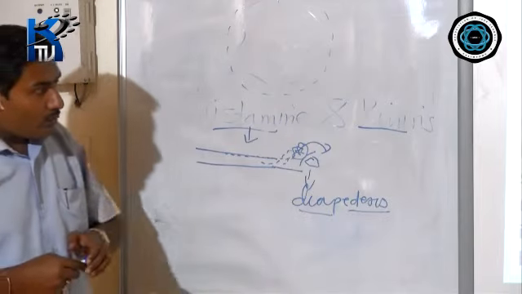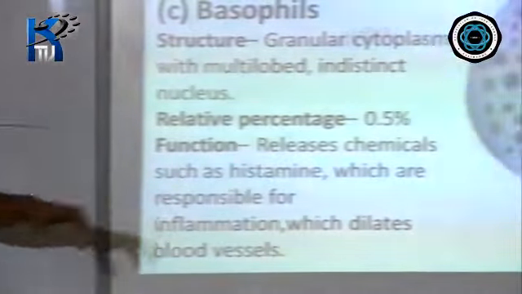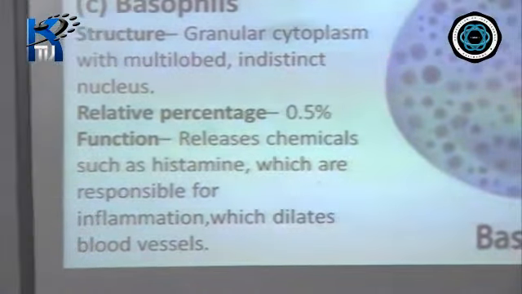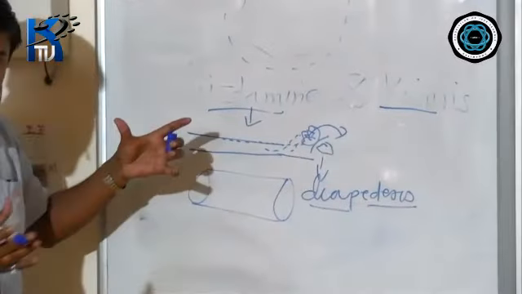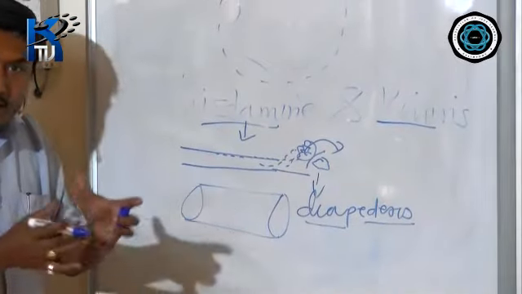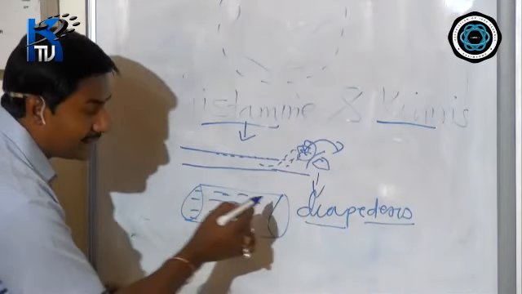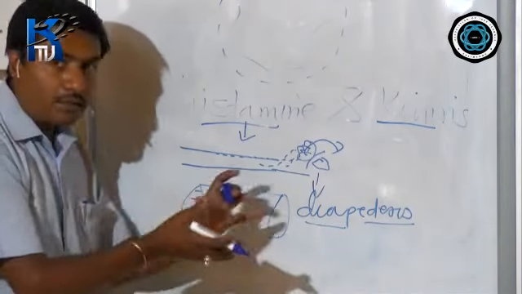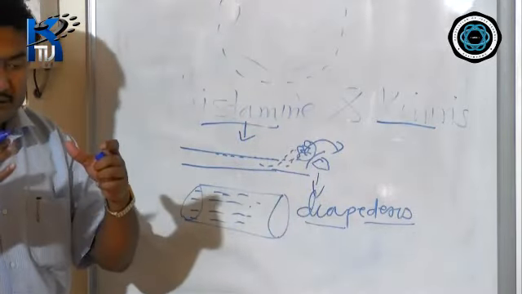At the same time, they are responsible for inflammation, which dilates blood vessels. Due to that, what will happen? The blood vessels become very wide. Once they become wider, they allow access to more WBC. WBC can move to the infection site and destroy the pathogens.